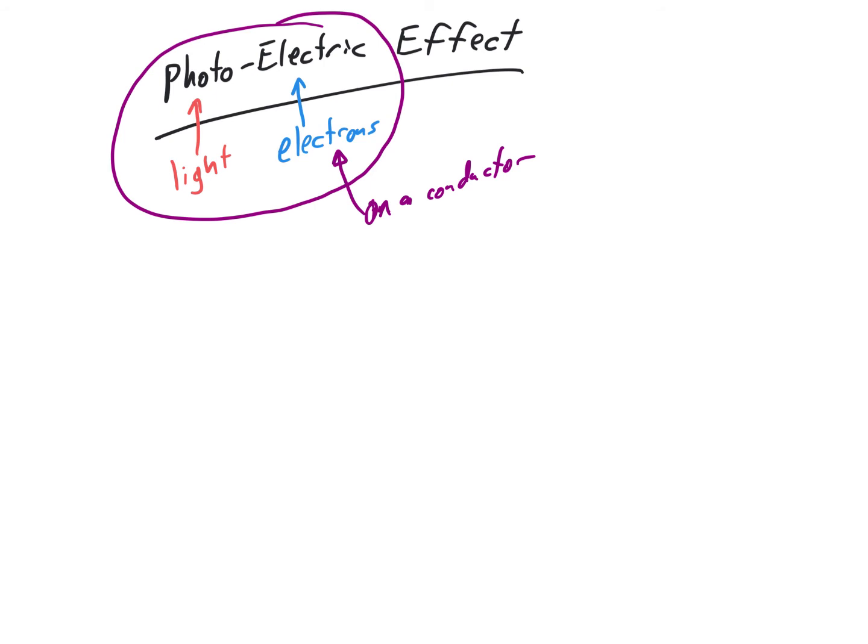The photoelectric effect was first published in 1905, which was a very special year. It's the year that Albert Einstein posted this, and it's also the year that he published his paper on E equals mc squared.